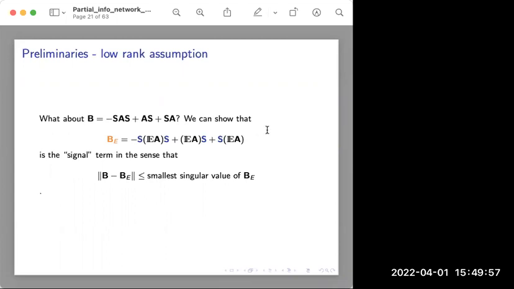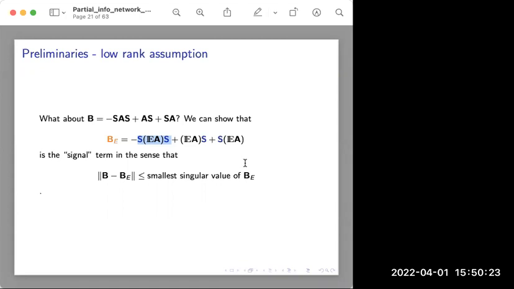So it turns out the signal term in B is neither the expected value of B nor the expected value of the individual matrices. A hand-wavy way of explaining this is that if you look at this term, for example, there's an S squared term. Remember that S is a diagonal matrix with Bernoulli random variables, and squaring a Bernoulli, you still get a Bernoulli.